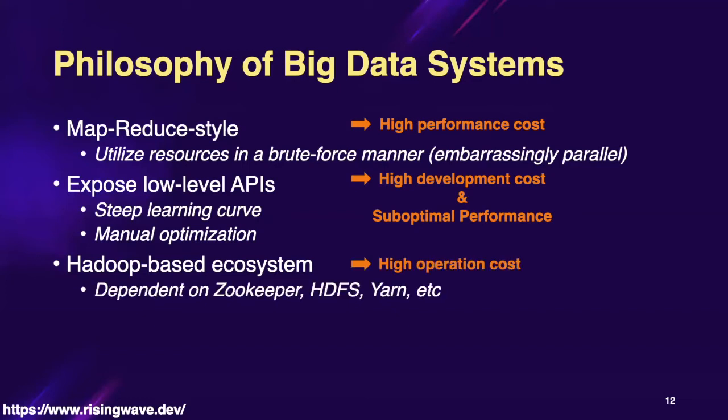And the third is that in the big data era, people have this Hadoop-based ecosystem, right? So let's say you need a distributed file system to persist the data, right? To do the checkpoints. And you also need to use Yarn, this cluster management system, to deploy your jobs and manage the life cycle of your jobs.